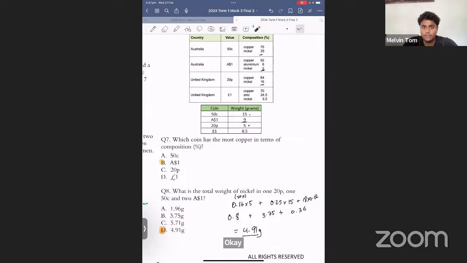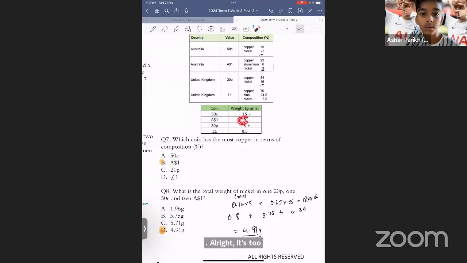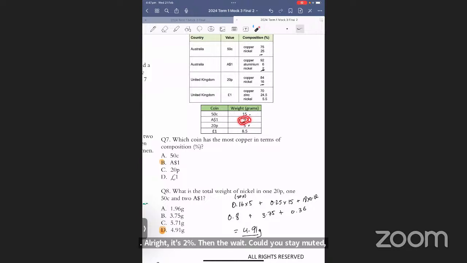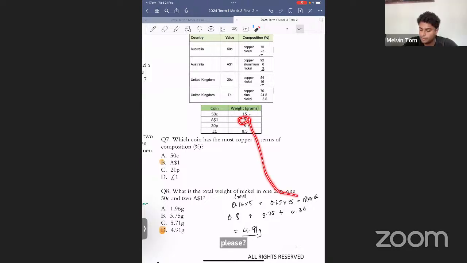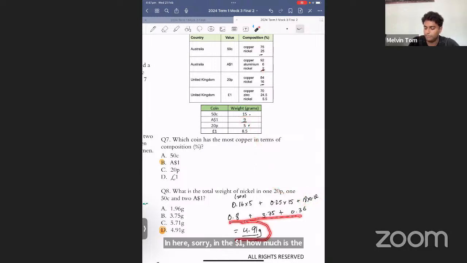So in the $1, how much does the $1 coin weigh? It weighs 9 grams. So 9 times 2 is 18 grams. Multiplied by 2% gives you the nickel in $1. And when you add them all up, you get 4.91. Do you understand? Yeah, okay.